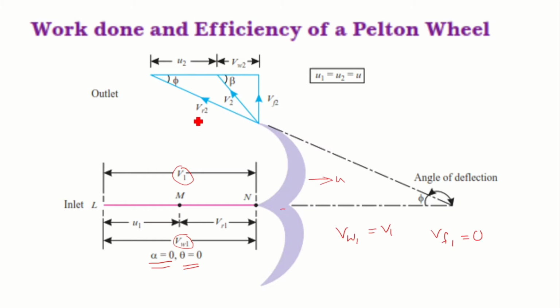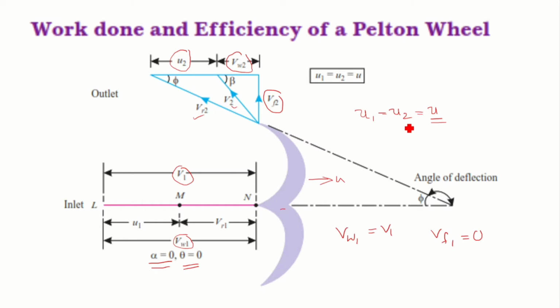So there will be a relative velocity term and absolute velocity term, the vertical component of absolute velocity Vf2, and the horizontal component of absolute velocity Vw2, and u2 is the peripheral velocity of the bucket at the exit. But in the case of Pelton wheel, the peripheral velocity of the bucket at the inlet and the outlet will be the same, and it can be represented as u. Since u1 and u2 are the same, we can represent it as u. Okay, this is the velocity triangle.